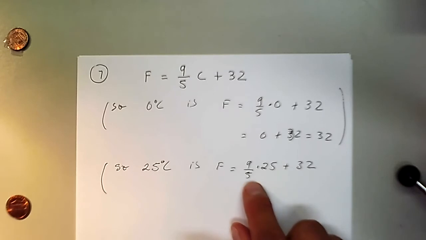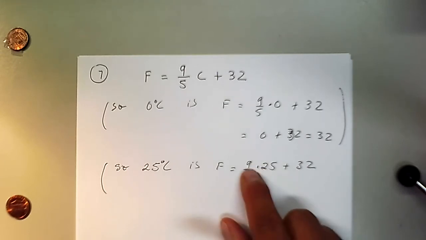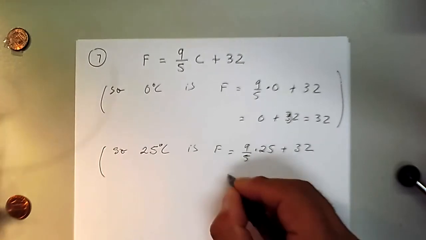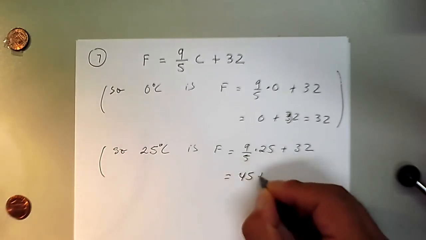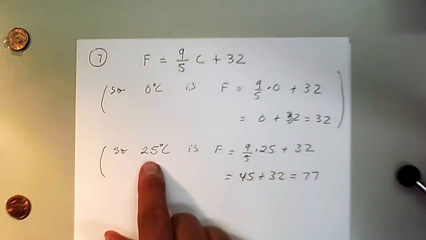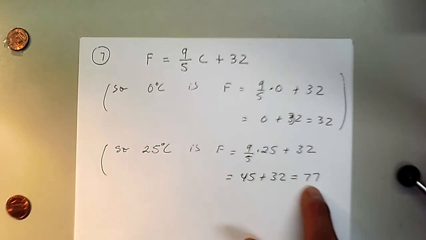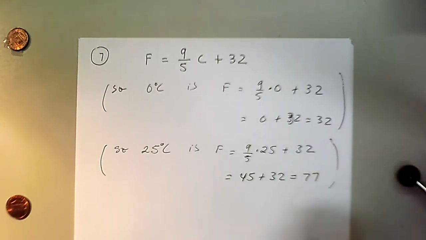We can divide by 5 first. 25 divided by 5 is 5, times 9 is 45, plus 32, 77. So if somebody says it is 25 degrees in Spain, for instance, or in Germany, well, now you know how much that is. It is 77 degrees Fahrenheit.